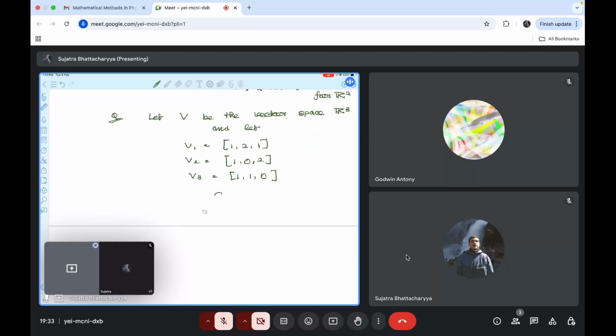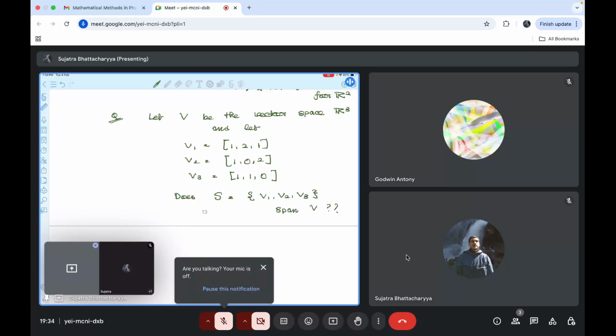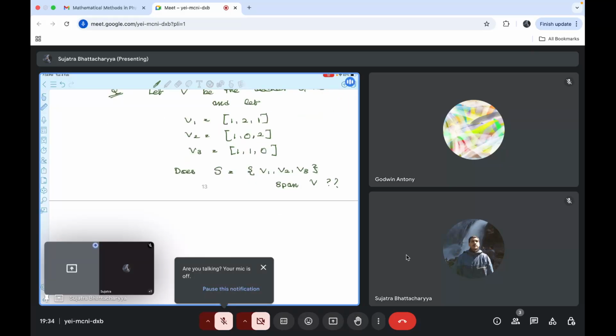Okay. So now S is the set v1, v2, v3. The question is: does this set of vectors span V or not? So V is the R3 vector space, a real vector space, and S is also a set of vectors, given like this. The question is whether S spans V or not.